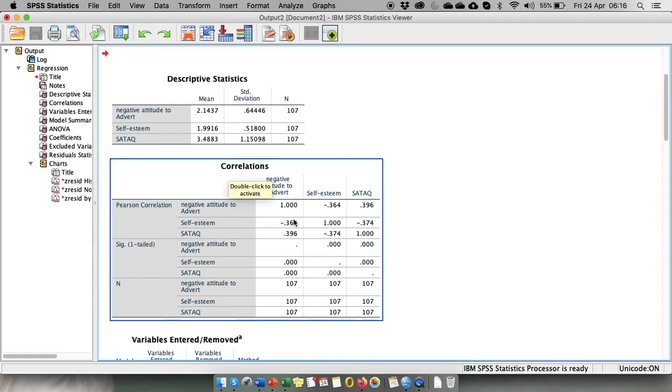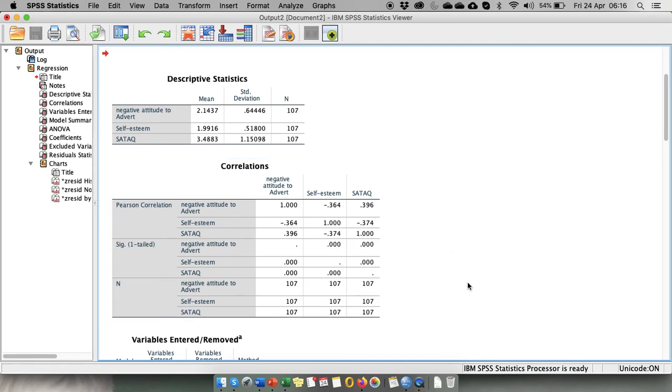And just as expected, self-esteem had a preventative, in a way, effect. Media pressure facilitated negative attitude, and self-esteem and media pressure also negatively correlated. So as your self-esteem goes up, your feeling of media pressure goes down.